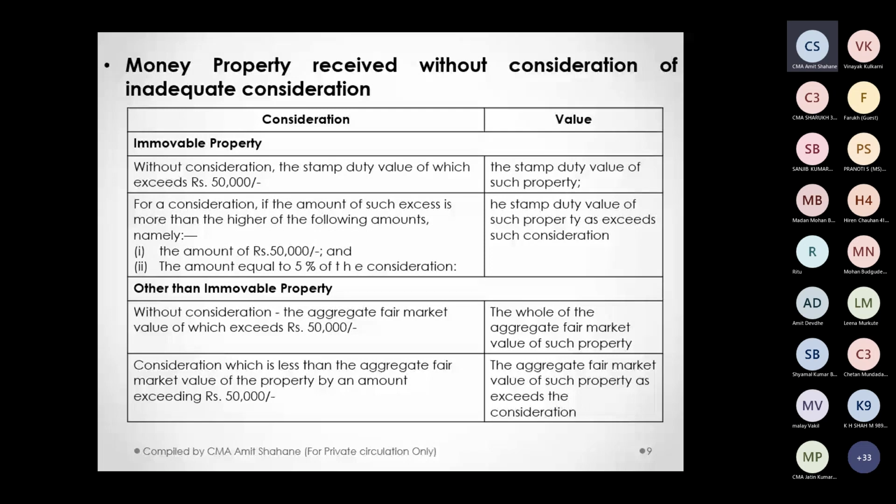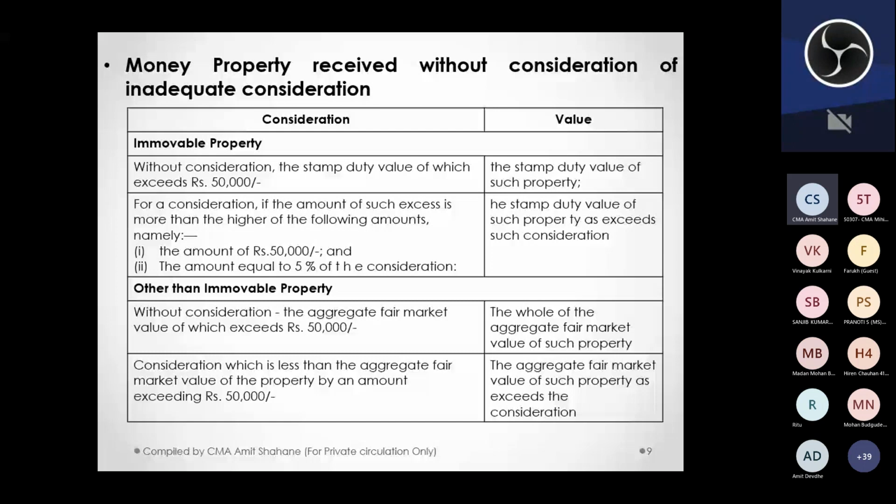So again, the point is, if the stamp duty value is more than 50,000 and the amount paid is less than the stamp duty value, let's say the stamp duty value is 10 lakh rupees, and 5% of that, that is 50,000 rupees, or less is the consideration that you have paid.